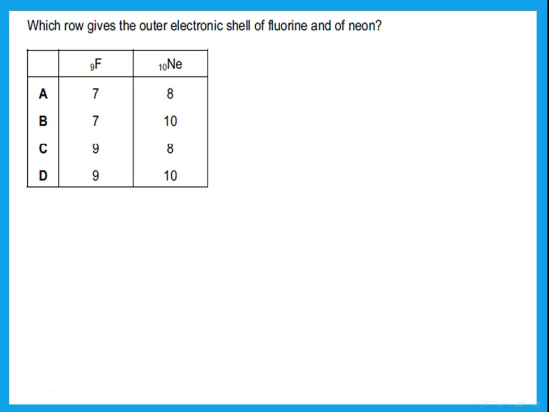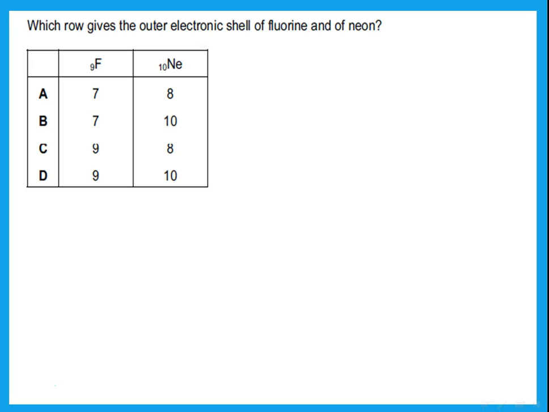Which row gives the outer electronic shell of fluorine and neon? Remember, this kind of question can either ask you for the outer electronic shell or the total number of electrons. Now, here it is asking for the outer electronic shell. That means the number of electrons in the outer shell. So, fluorine, it already tells me it's atomic number 9, so I don't even have to look at the periodic table.